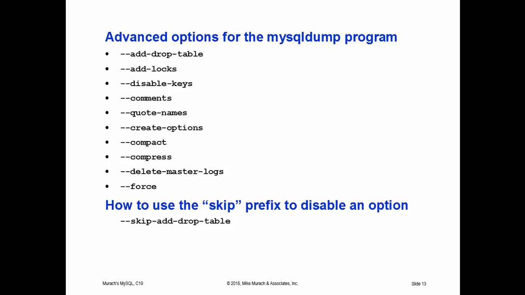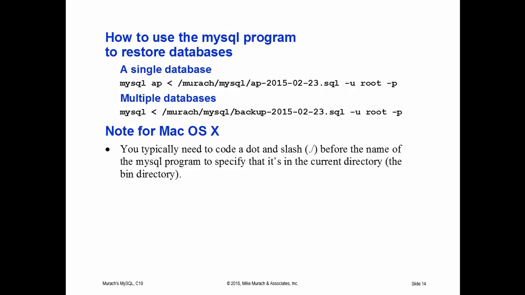And --force tells you to continue, even if MySQL should encounter an error. So that's one that should be used really with caution. If you want to disable an option, you can say --skip- and then whatever that option is.